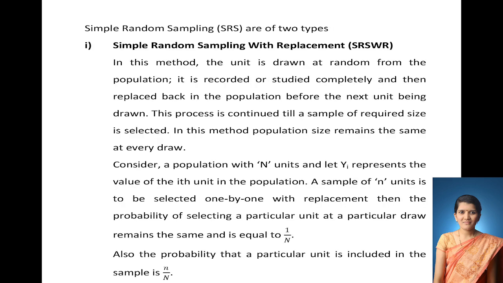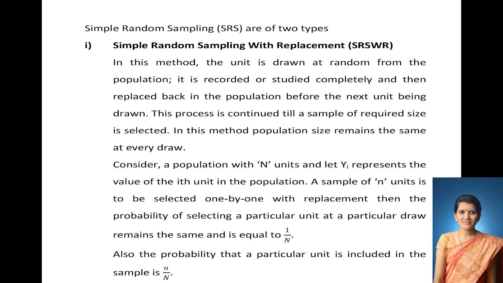Simple random sampling is of two types. First one is simple random sampling with replacement, and second one is simple random sampling without replacement. So what is meant by with replacement and without replacement? We see the first one.